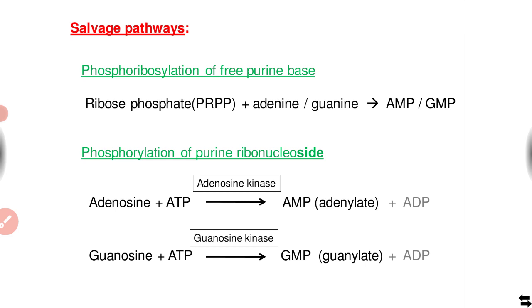Or the salvage pathway is also operated by the conversion of a purine nucleoside into a purine nucleotide by phosphorylation. So adenosine is phosphorylated to form adenosine monophosphate, or guanosine is phosphorylated by guanosine kinase to form guanosine monophosphate.